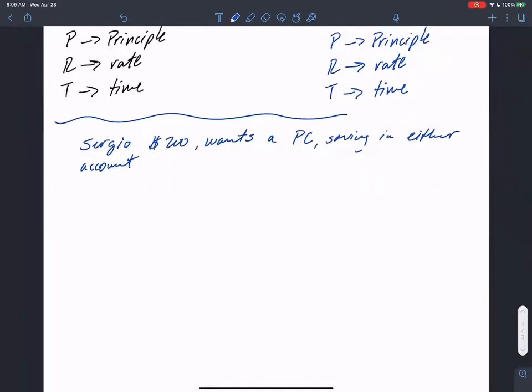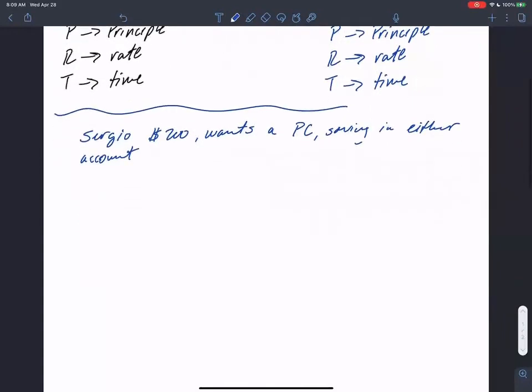We're going to do a simple interest account, okay, and we'll label it simple. And we'll label the other one compound. So we want to basically compare which account would give him the most amount of money, a simple interest account or a compound interest account.